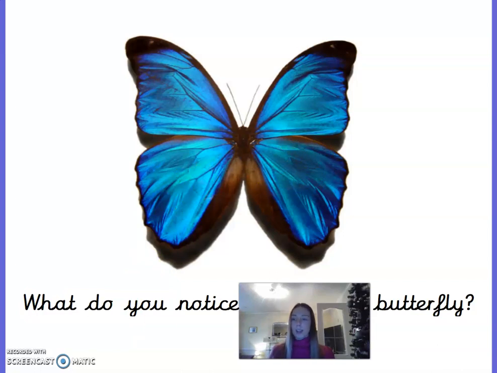If I was to get a vertical line going straight down the middle of the butterfly, I can see it's exactly the same on both sides. The wings are the same size and the wings at the bottom are also the same size. So if I was to chop it in half or draw a line down the middle, it's exactly the same on both sides. And this is what we're going to be looking at today.